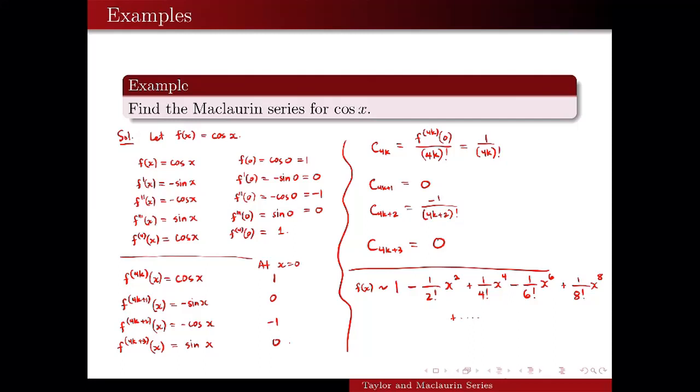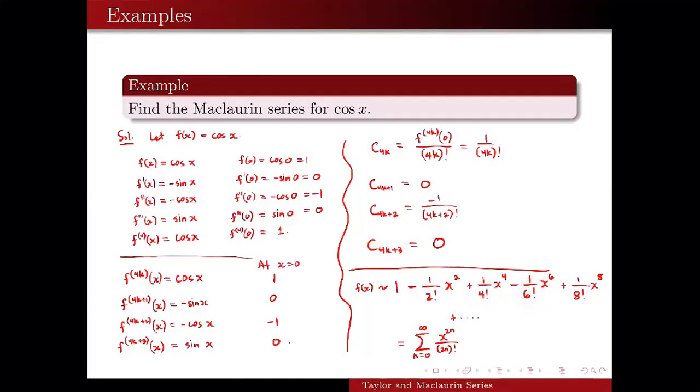So if you put this as a series, this will just be the sum from 0 to plus infinity of x to the 2n over 2n quantity factorial, because you only see here even terms: 2 factorial, 4 factorial.